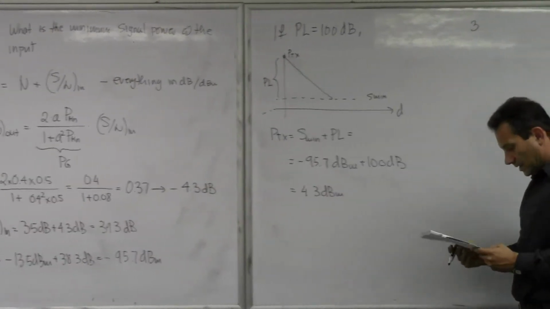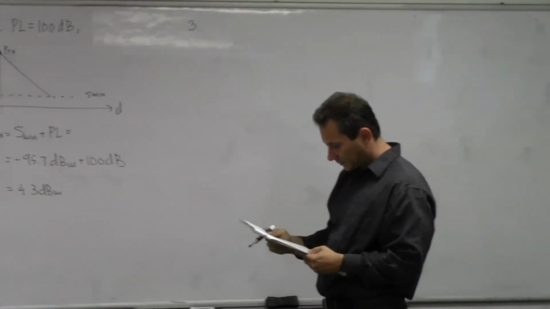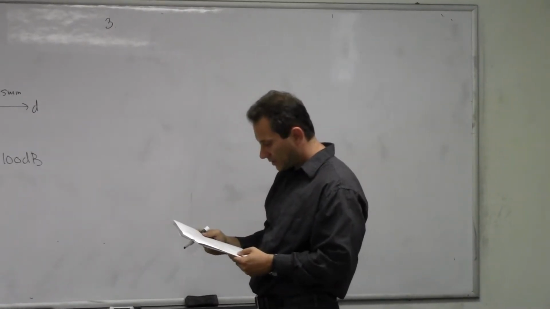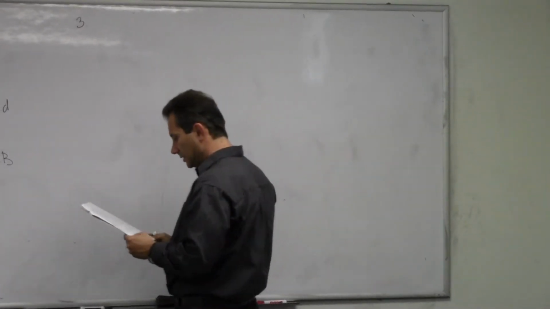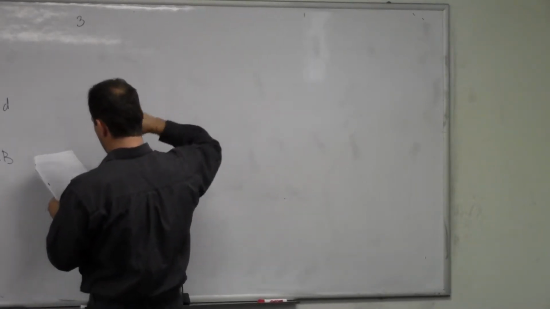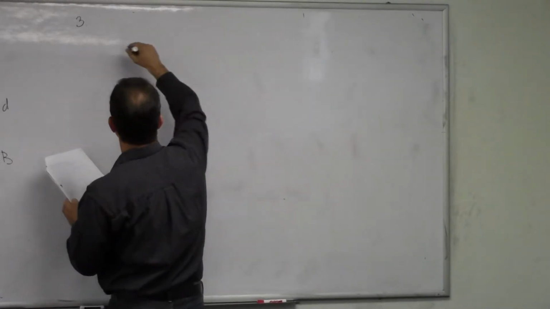Problem number 3. A double sideband signal with additive noise is demodulated by a synchronous detector with a phase error of phi. So here's the situation I have.